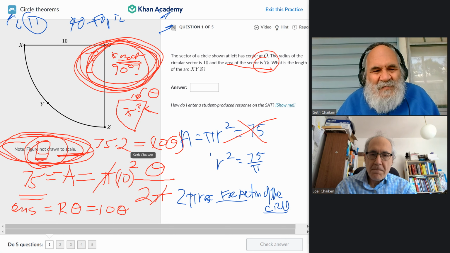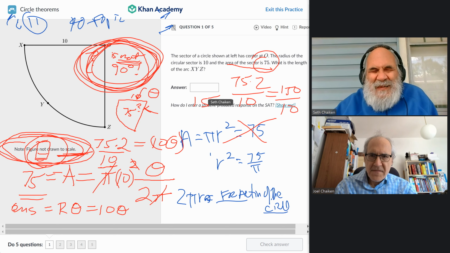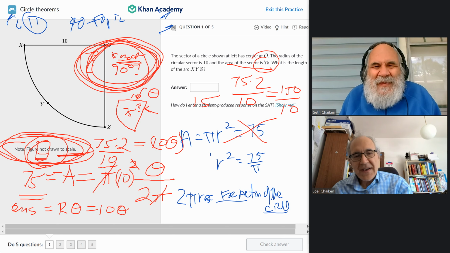And then this 10 squared, you could remove a 10, put it under here, and therefore declare as your answer 75 times 2 divided by 10. 75 times 2 divided by 10 is 150 divided by 10, also known as 15. Okay, that's great.